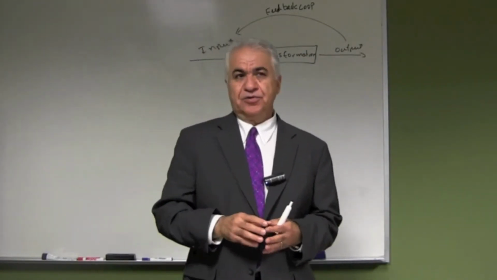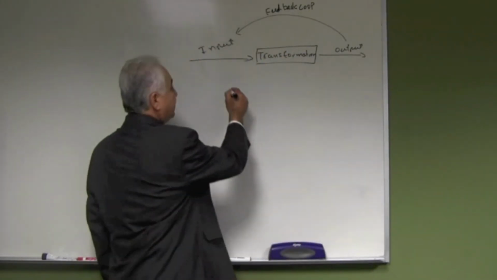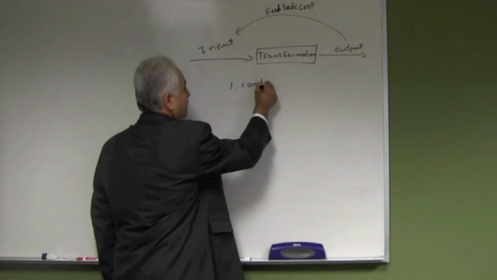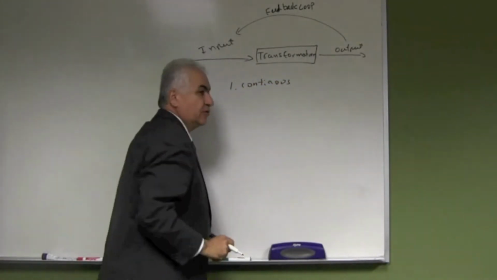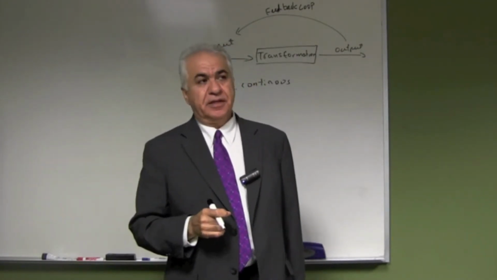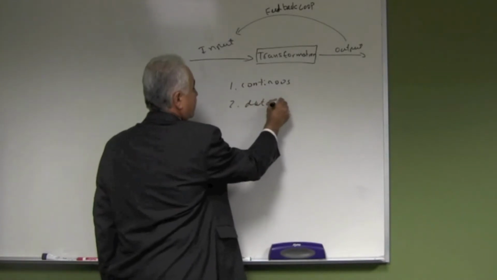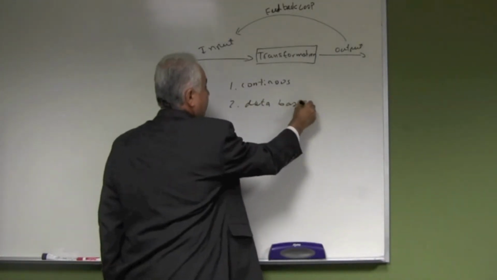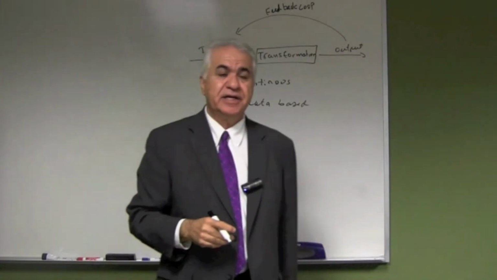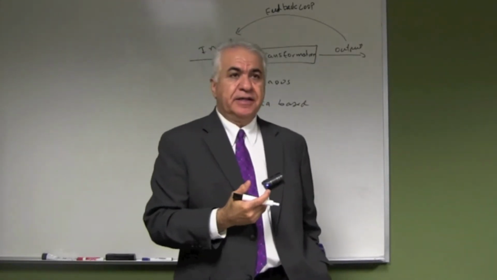Therefore, a feedback loop has certain features. One of the features is that it's a continuous process. It continuously scans the environment. The second one is that it is data-based. You collect data and continuously feed back to the process.